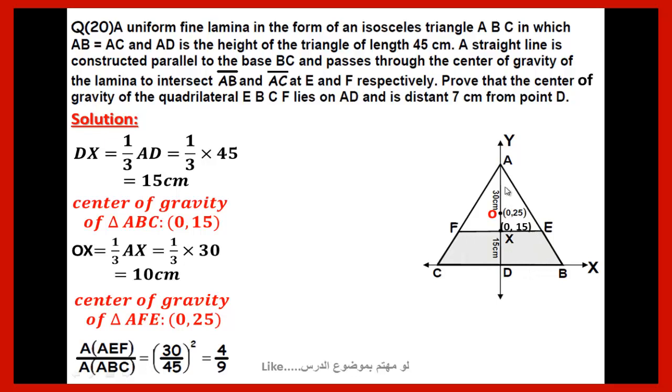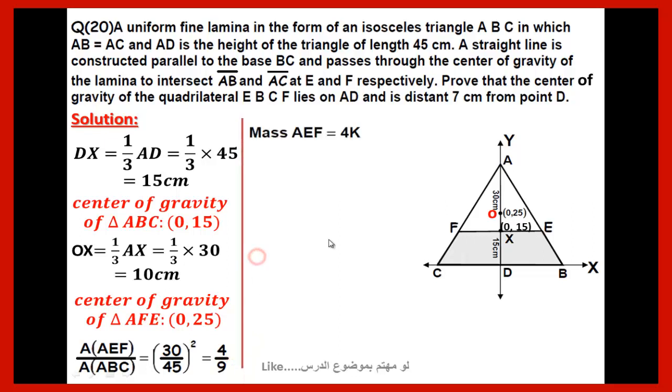So the ratio between the area of the small triangle and the big triangle is the square of the ratio between their heights, 30 over 45 all squared, which equals 4 over 9.